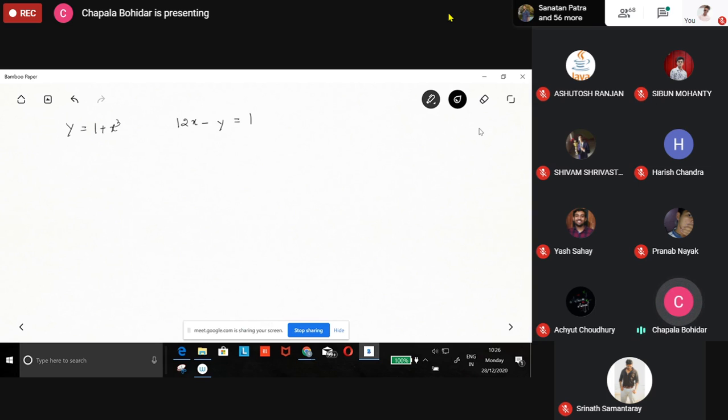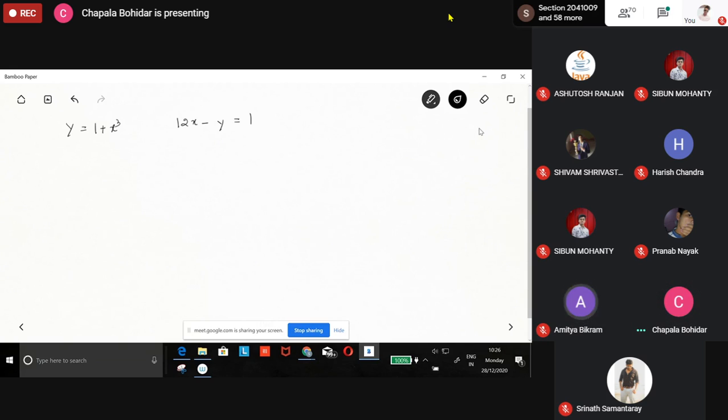So the slope of the tangent and the slope of this line are equal. All of you clear on this point?